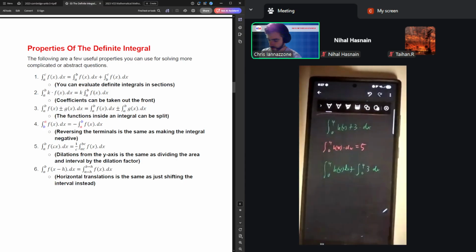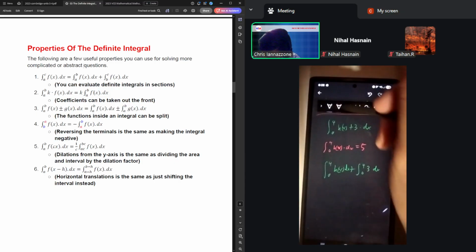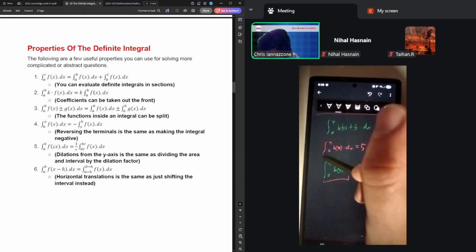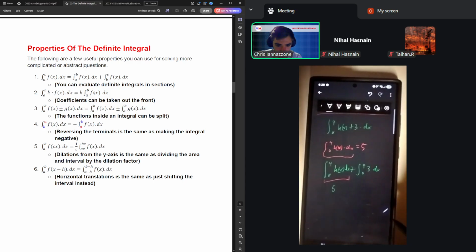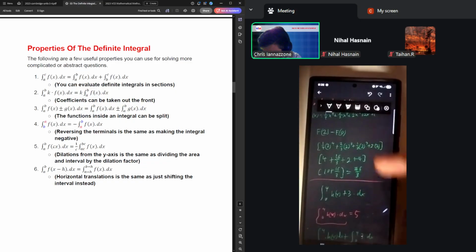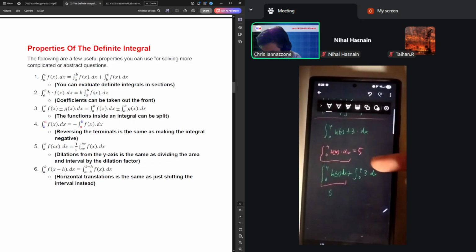Now from here, things should be a little bit easier. One of those we know immediately, the other we can solve. The integral from 4 to 0 of h of x, that one is 5. All that's left to do is this one here, which is just this previous example here, but a lot easier to antidiff.